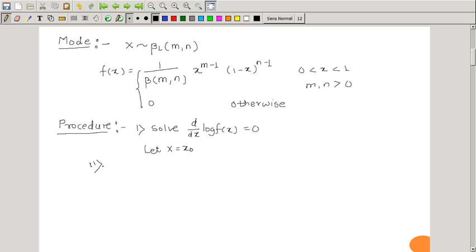And second step is to verify that the second derivative d square by dx square of log of fx at point x equal to x naught is less than 0. So this x naught point is your mode.